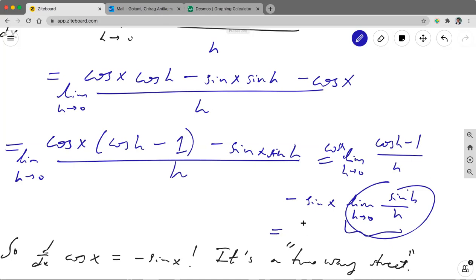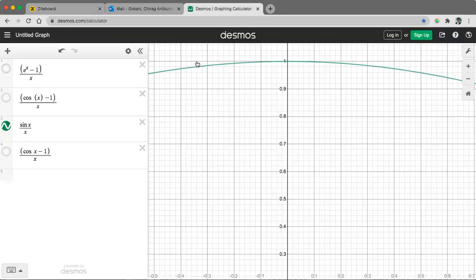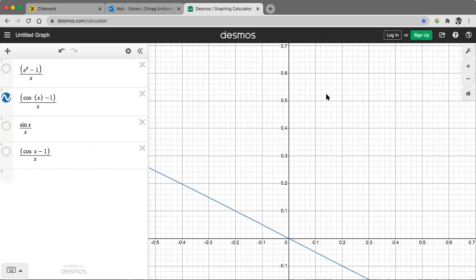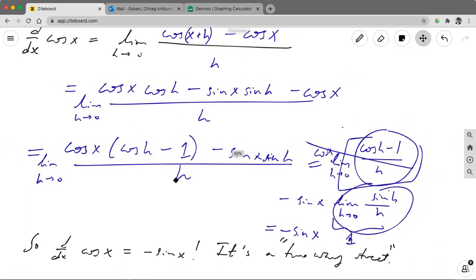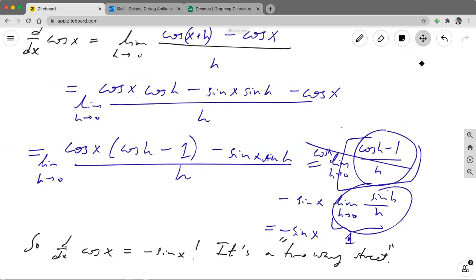Actually, no, sorry, we did not say that about the other one. This limit is the same as the earlier one, right? The same thing appeared, and so this limit is 0. So the cosine term dies because cosine times 0 is 0, and I'm left with minus sine of x times 1, which is minus sine of x. So as Soliana said in advance, the derivative of cosine is minus sine.